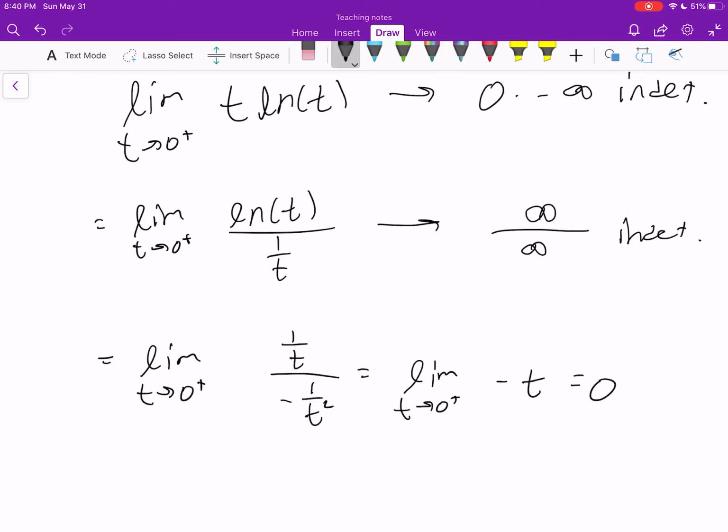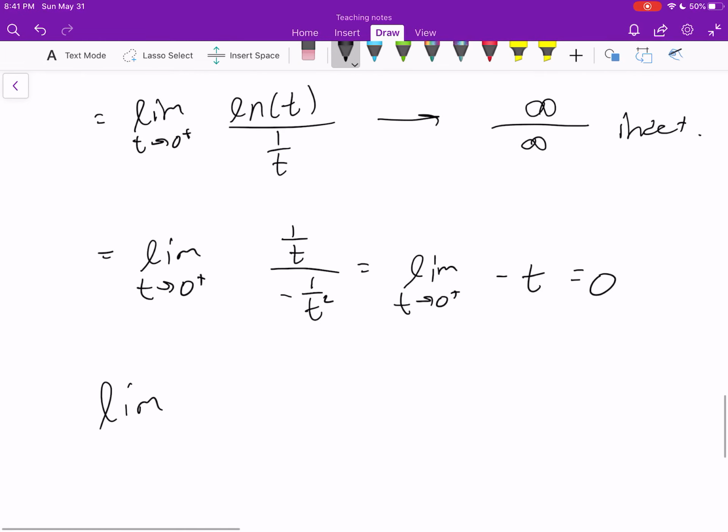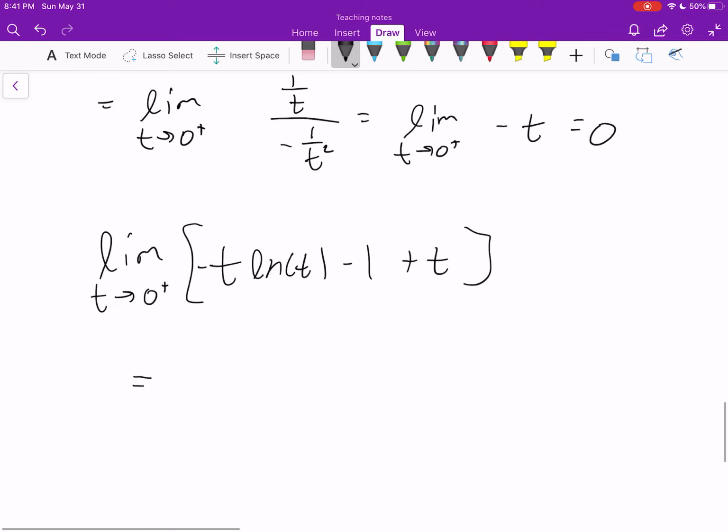Now I can put all of this together. I come back up here, and I have the limit as t approaches 0 from the right of -t ln of t, minus 1, plus t. The first one we just found to be 0. The second one is -1. The last one is 0. So this is -1.